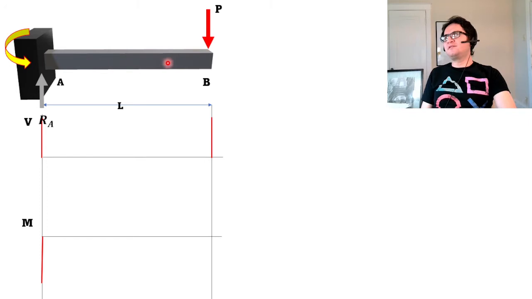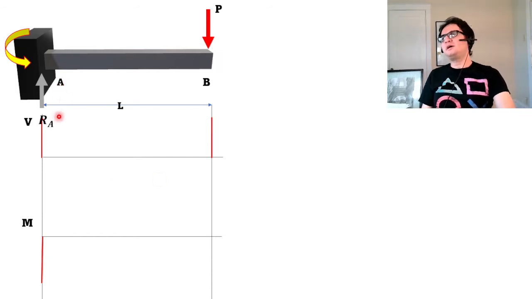Just consider we have a cantilever beam AB, which is fixed at A and free at B, and a concentrated load of P applied at free end B. We want to draw the shear and moment diagram.